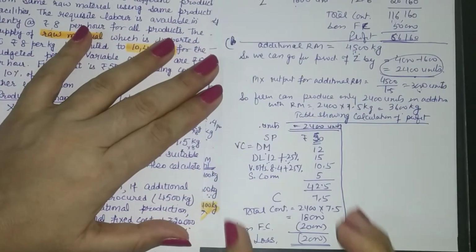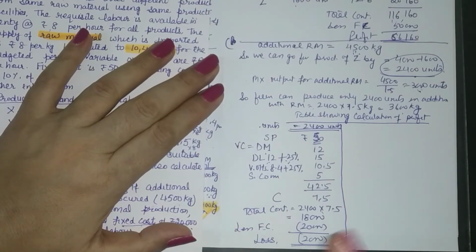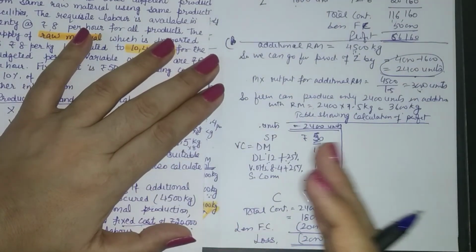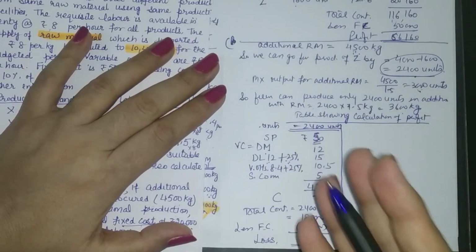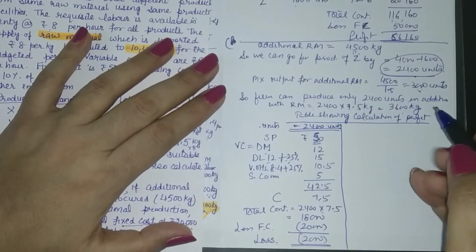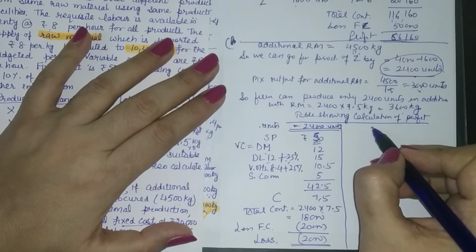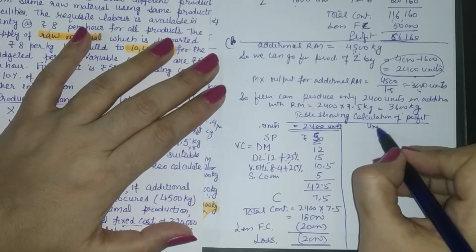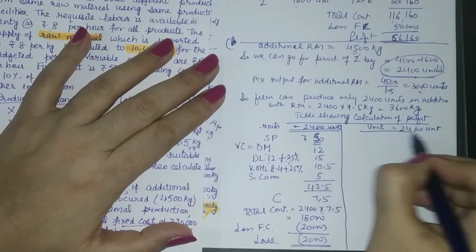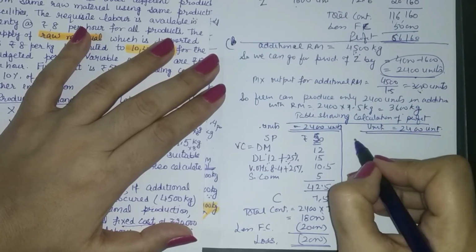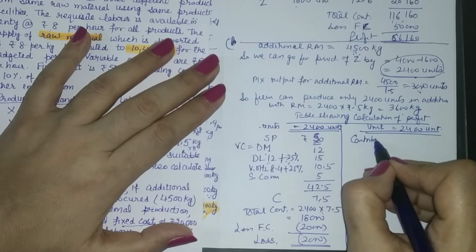Now the same calculation, this is based on the contribution based cost sheet. But now let us make the same calculation based on marginal or variable costing. What marginal costing or variable costing says is that we should go for calculation of only additional cost and additional profit. Now every unit sold is going to give you contribution of how much?